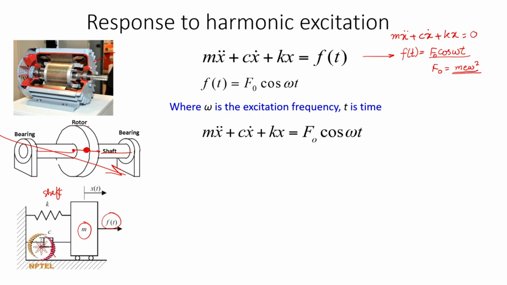E is the eccentricity of the unbalanced mass, and that amplitude can be given or obtained numerically using these terms. So, it will be fixed for a given operating speed.